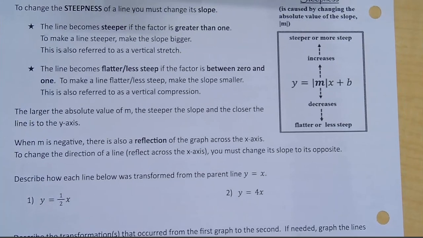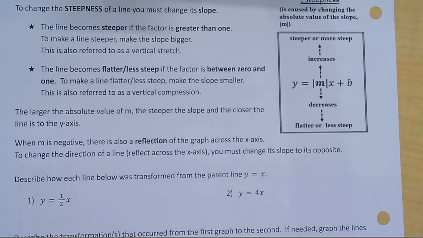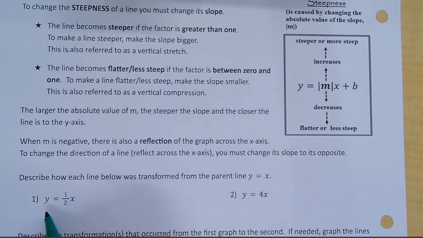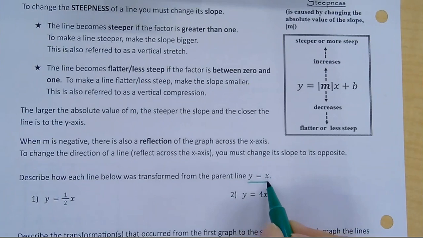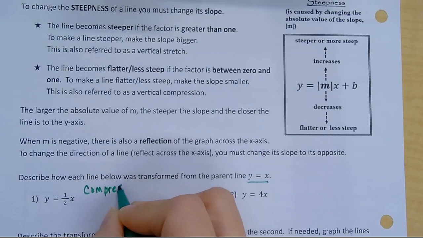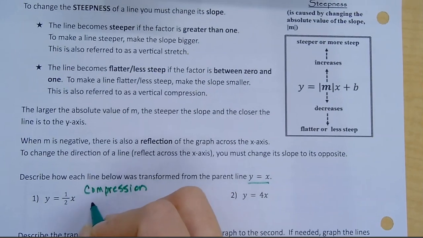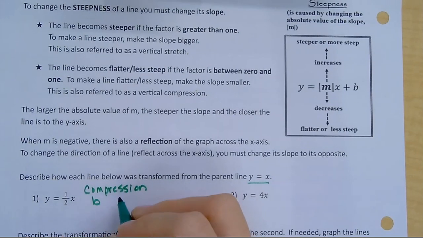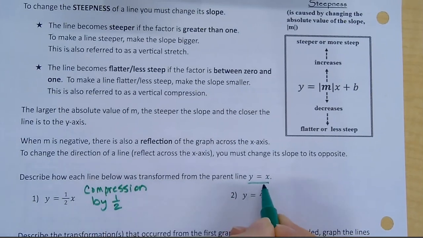Okay, so back on our notes, we've talked about what happens when we go from y equals x, that's our original line, to y equals 1/2 x, and we know that we got flatter, and for flatter we're going to say that's a compression by a factor of 1/2. That's because I took my original slope and multiplied it by 1/2.